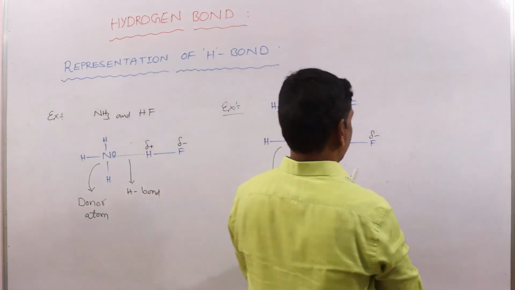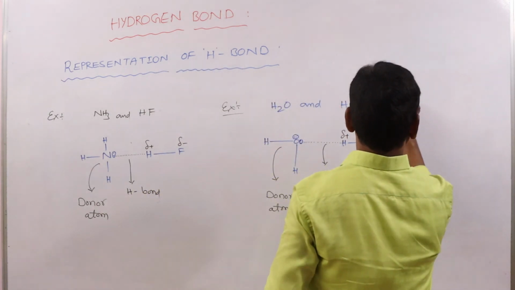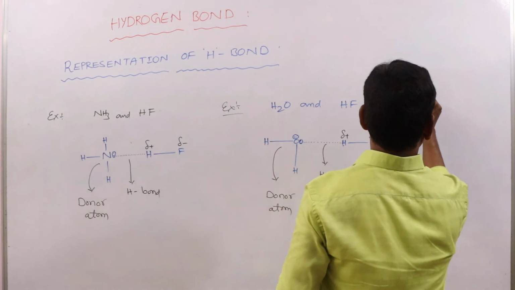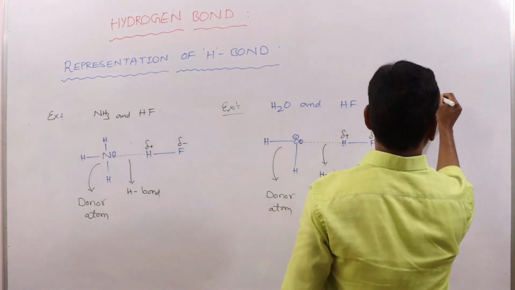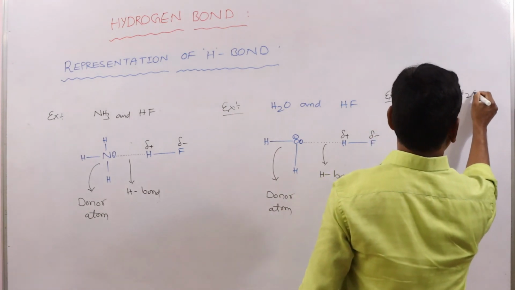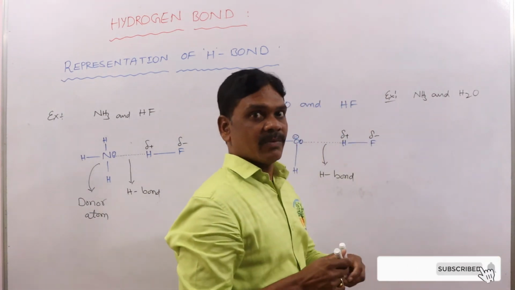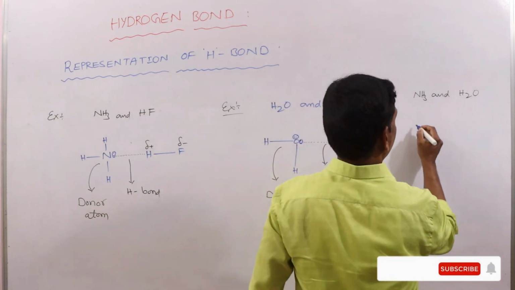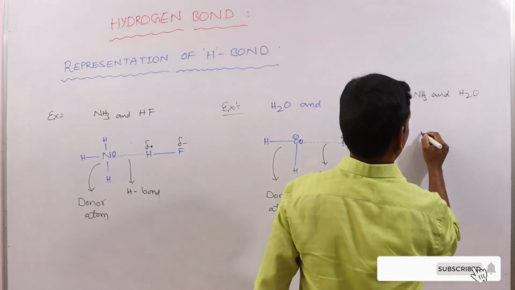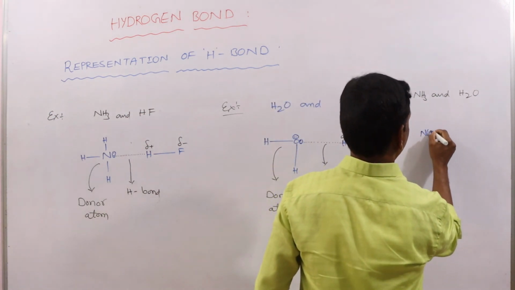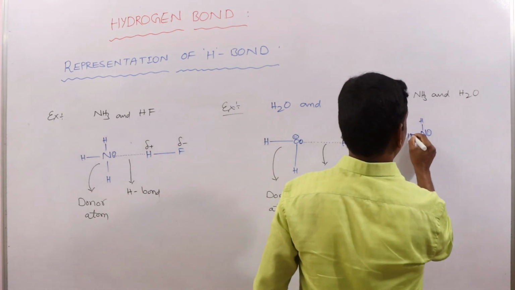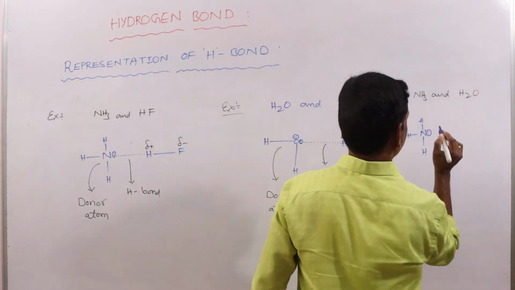Another example I am taking is between an ammonia molecule and a water molecule. I am writing first the ammonia molecule: nitrogen, a pair of electrons, hydrogen, hydrogen.